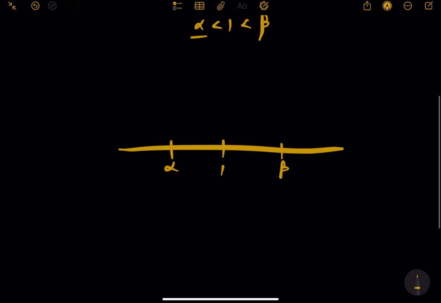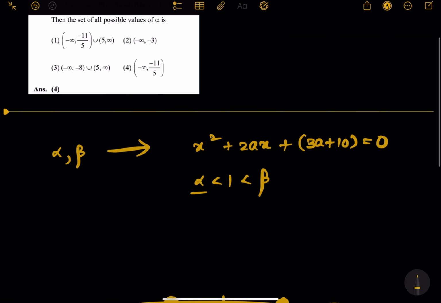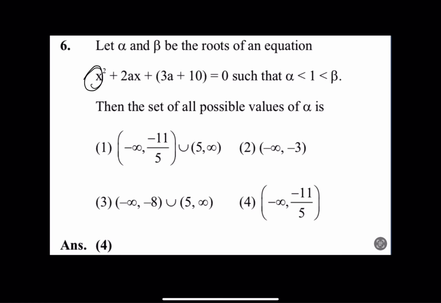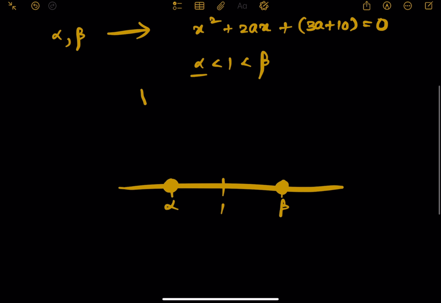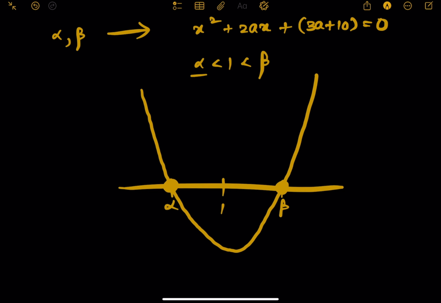Alpha and beta are the roots of the equation, so this parabola cuts the x-axis at this point and this point. Since the coefficient of x square is positive, we know that this is an upward parabola. So it comes like this, cuts the x-axis at this point, goes down and cuts the x-axis again at this point. This is how the parabola looks.